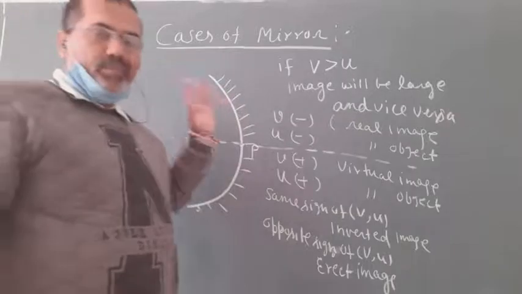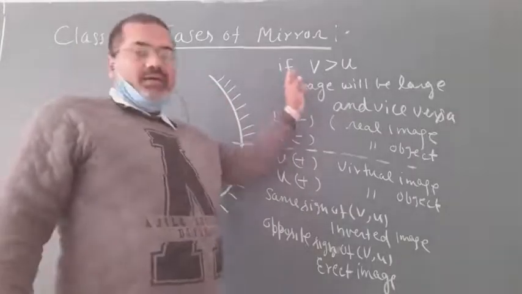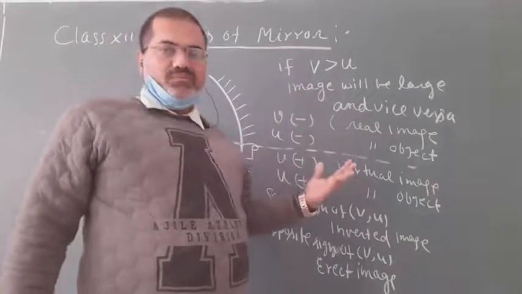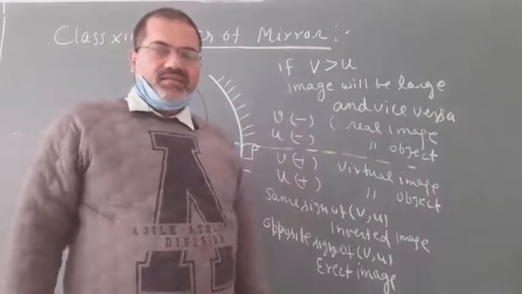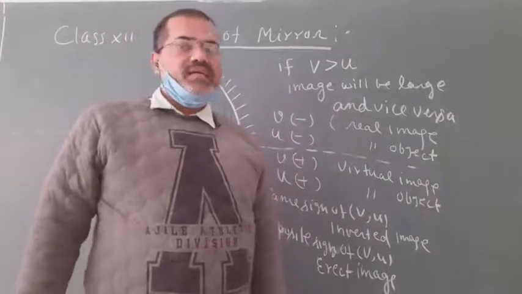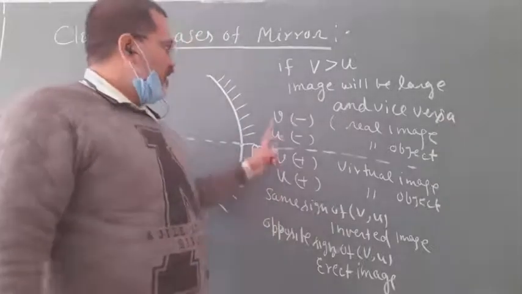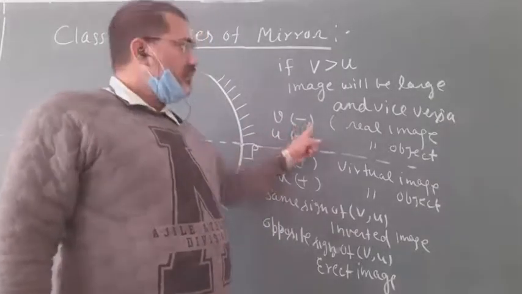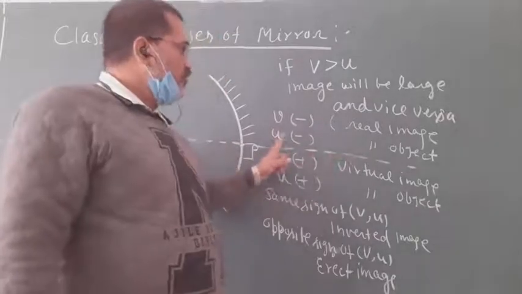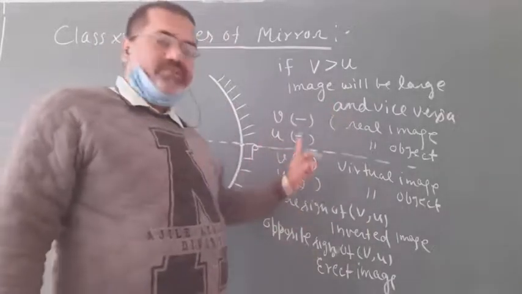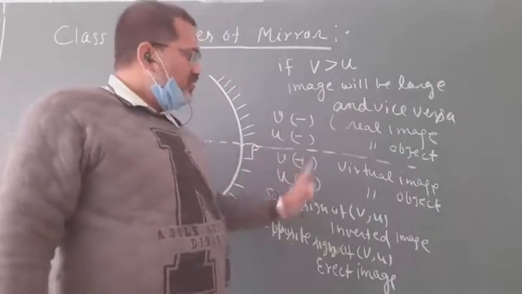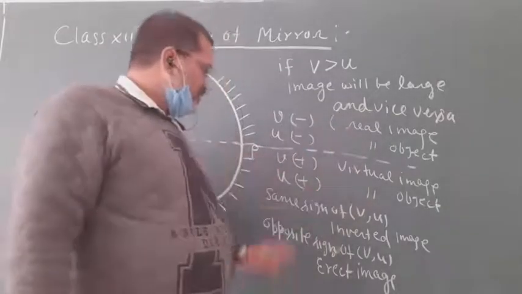Note it down, very important points. If V is greater than U, image will be large, and vice versa. That is, if U is greater than V, image will be small. If V is negative, real image; U is negative, real object; V is positive, virtual image; U is positive, virtual object.